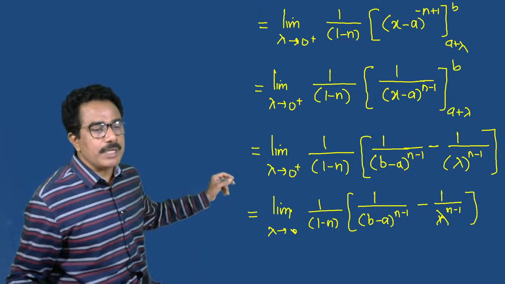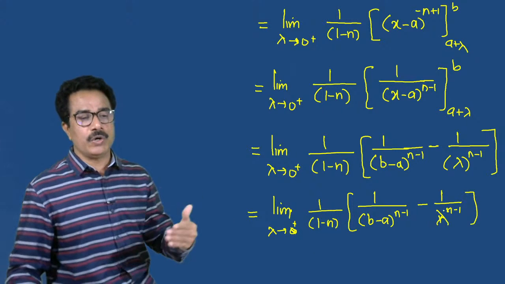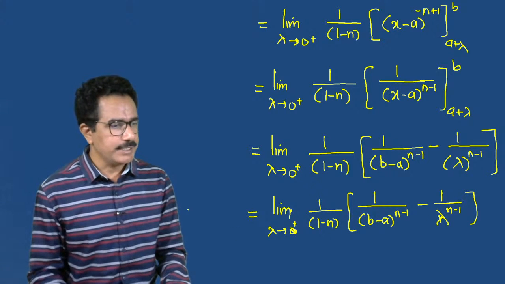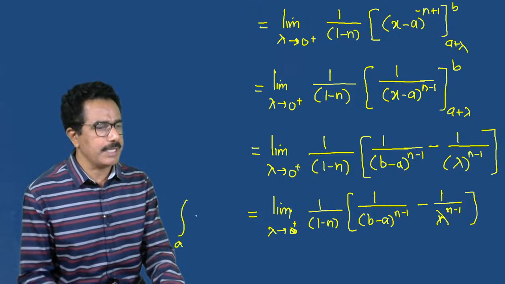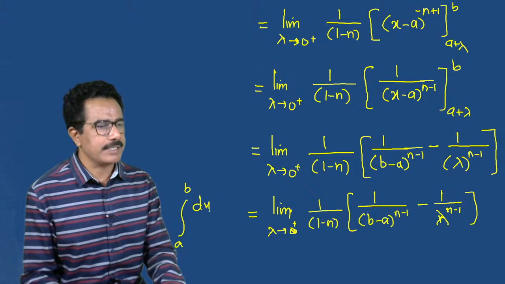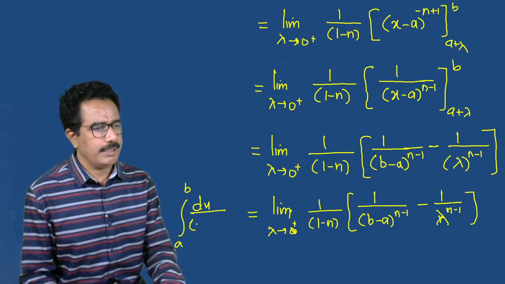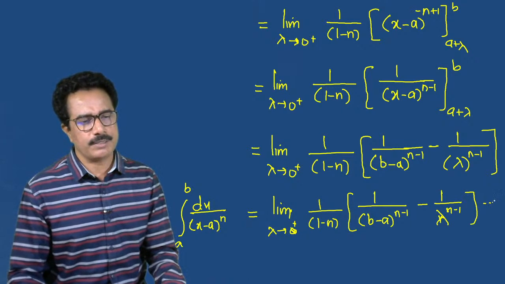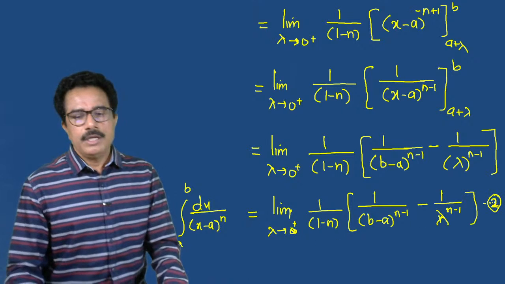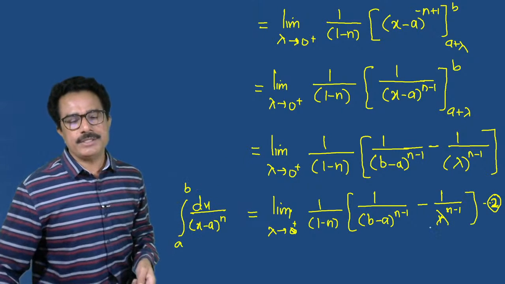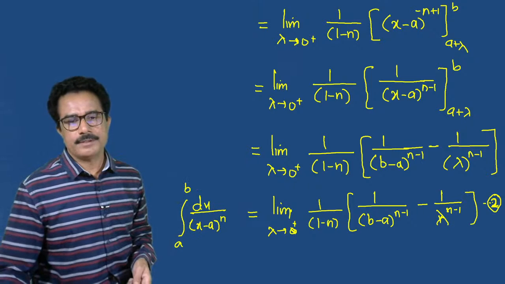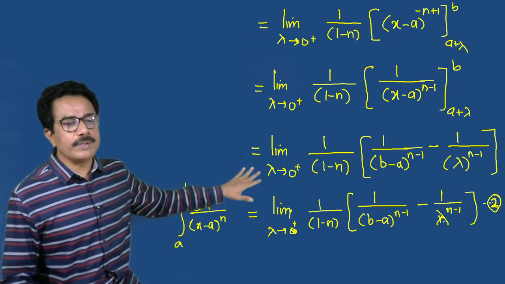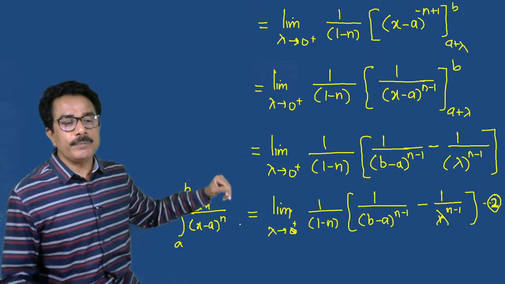See this, if we put lambda equals 0, then this is actually the integral from a to b dx divided by x minus a raised to n. Suppose this is equation number 2. Now if we put the limit lambda equals 0, then it goes to infinity. It has two possibilities.